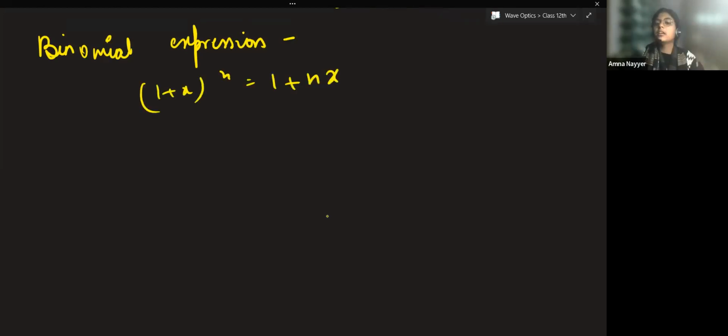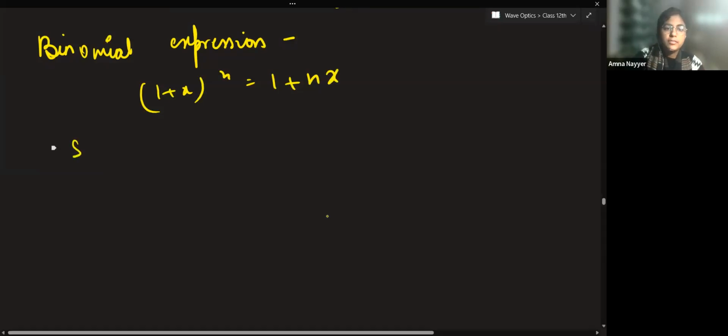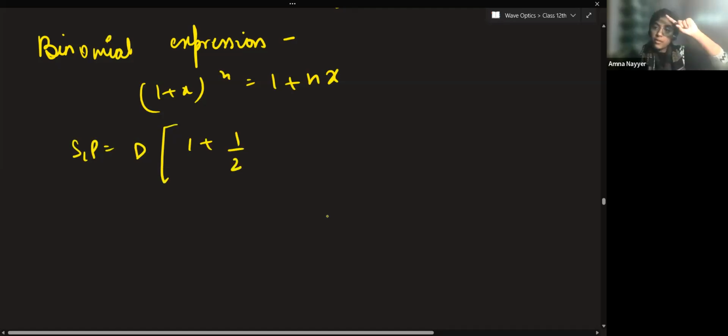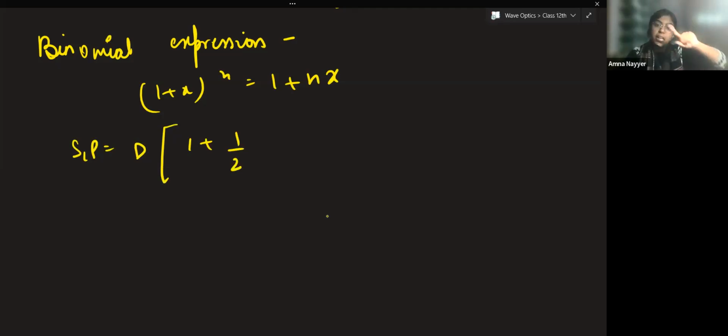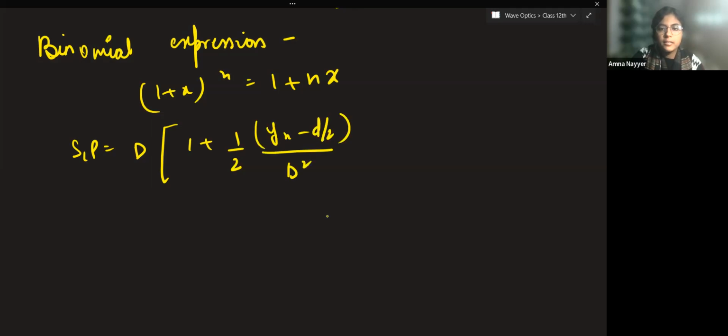So the same thing will be applied here. S1P will be equal to D times 1 plus half, because n was half, times x, where x is Yn minus d by 2 by D, whole square. Fine?